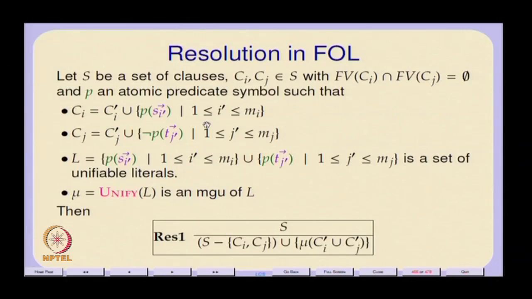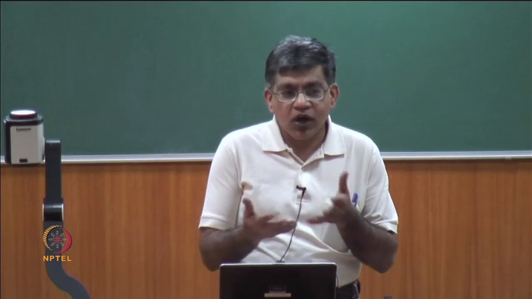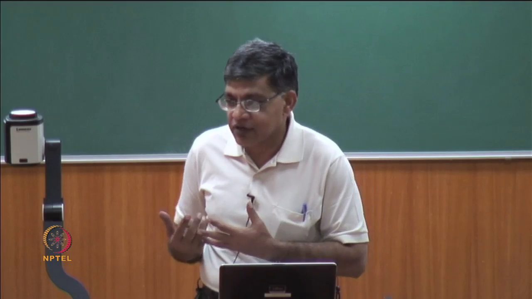What we should realize is that since we are dealing with parameterized propositions, essentially your predicates are parameterized propositions, this predicate symbol could appear in positive and negative forms within the same clause itself without there being any contradiction. So, it may also occur in both positive and negative forms in this clause too, but that is okay. All we are saying is that you should have at least one positive existence in one clause and a negative existence in another clause.